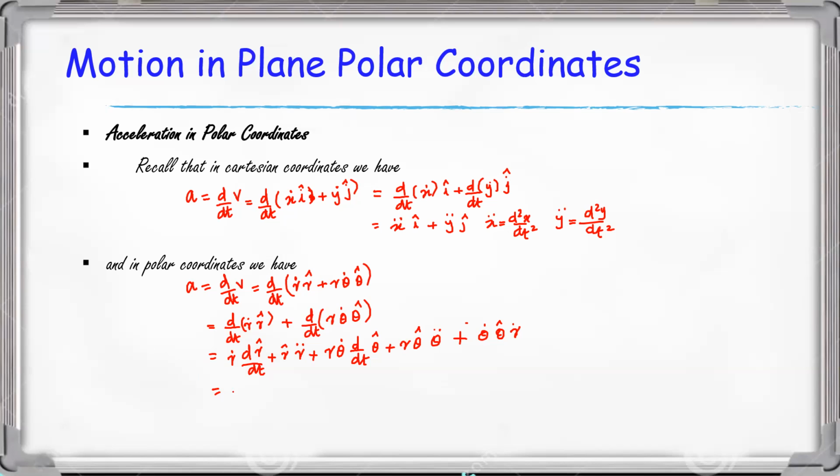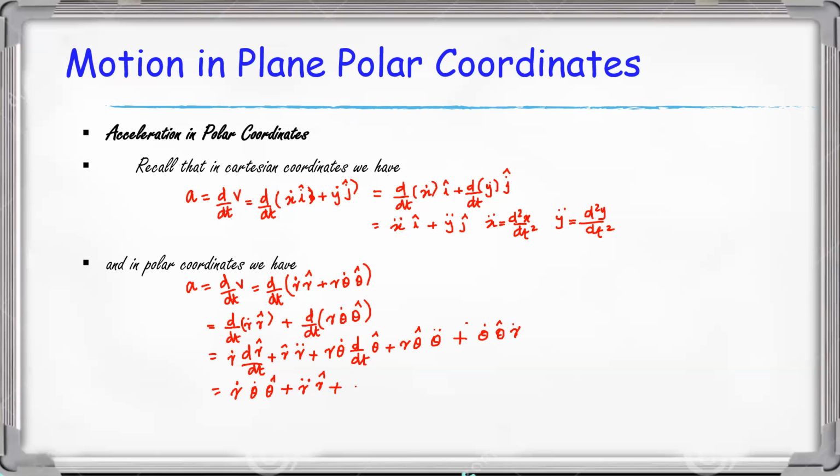Okay, then r dot theta dot theta cap plus r double dot r cap, plus d by dt of theta cap is equal to minus theta dot r cap.